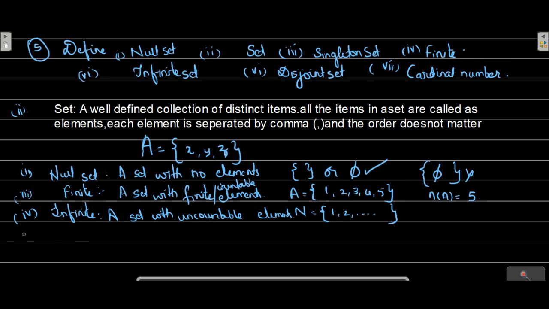Okay. Now what are disjoint sets? Disjoint sets are sets with no common element.